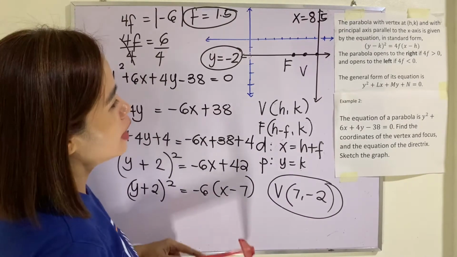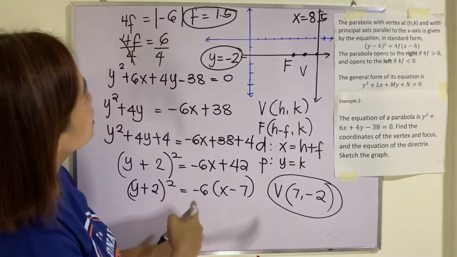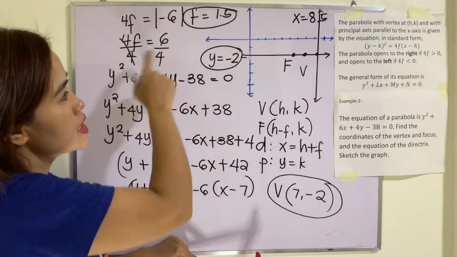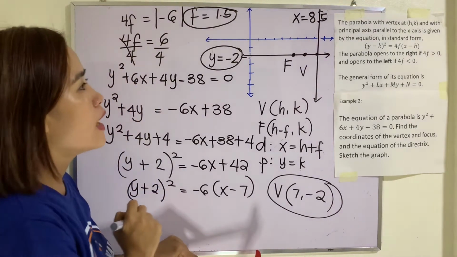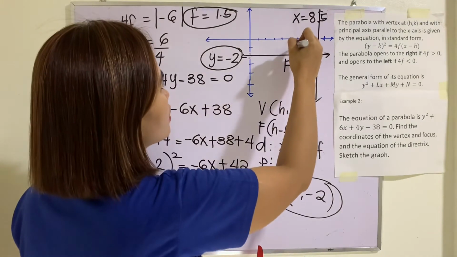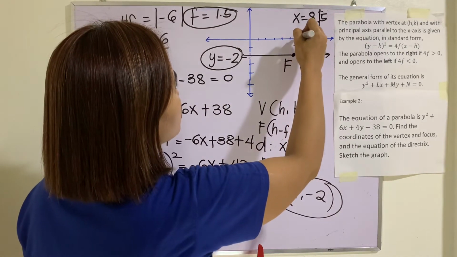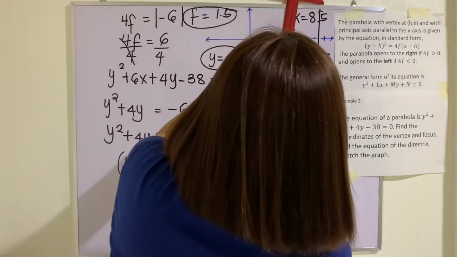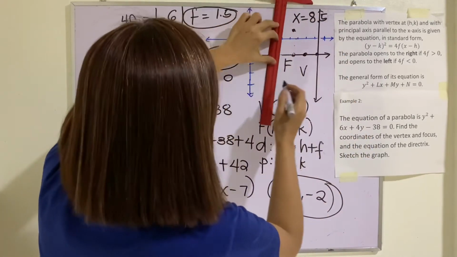And then, what else? We know that the focal chord or the latus rectum is 6, meaning to say that will be 3 units on both sides. So, we have 1, 2, and 3, and then 1, 2, 3.